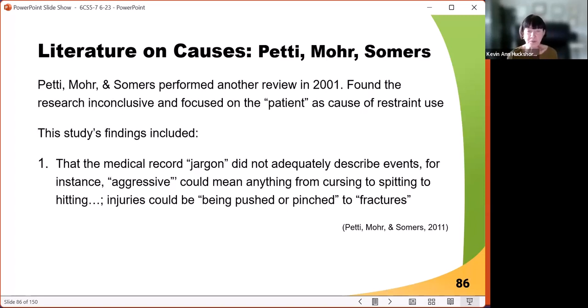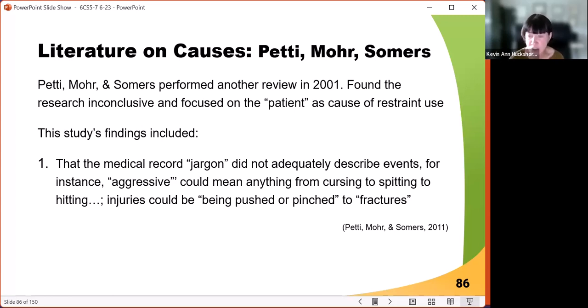Petty, Moore, and Summers performed another review in 2001. They found that the research on the use of seclusion and restraint was inconclusive, and that it all focused on the patient as the problem. They also found that the medical record jargon, Beth got hostile and violent and was restrained, did not tell them anything.